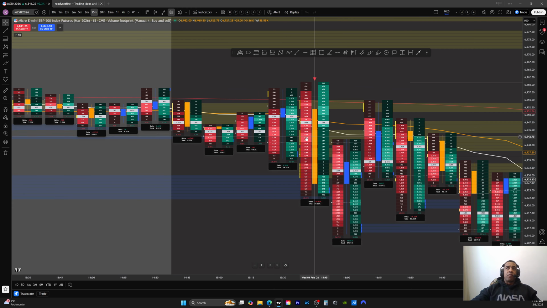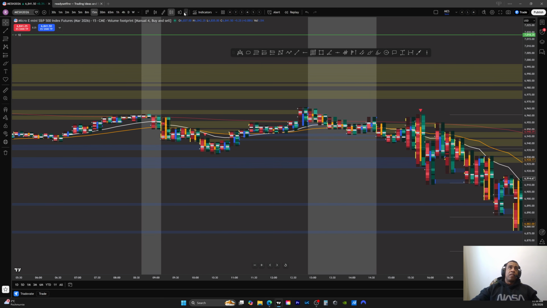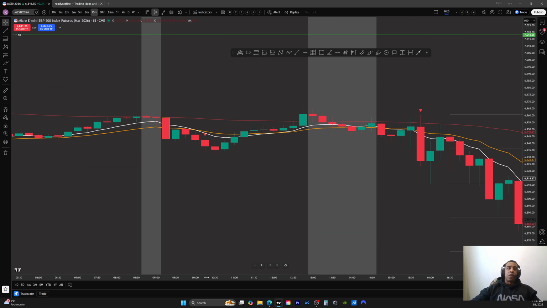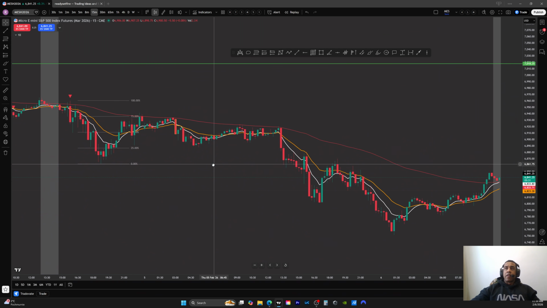So in that case, you wait for a pullback to the point of control of this candle, right? And now your risk is only 8 points, right? And then from there, it's just tank, right? So that's one of the indicators that I'm using for this account, okay, the range.